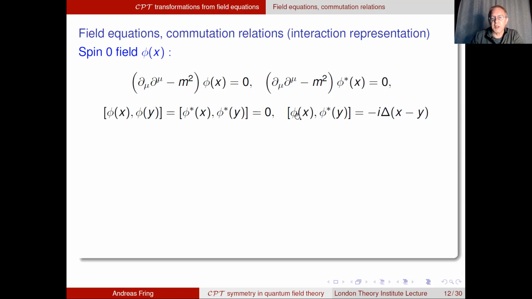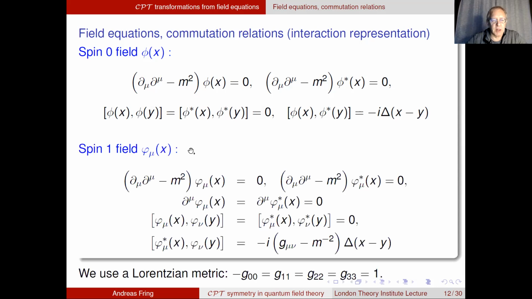So if I have a spin 0 field and I commute it with a conjugate at another point, I will pick up some function delta depending on x minus y. So x means here space and time. And I will say a little bit about this function, but not too much, because we just need some symmetry property of this function delta. And for spin 1 fields, we have these relations.